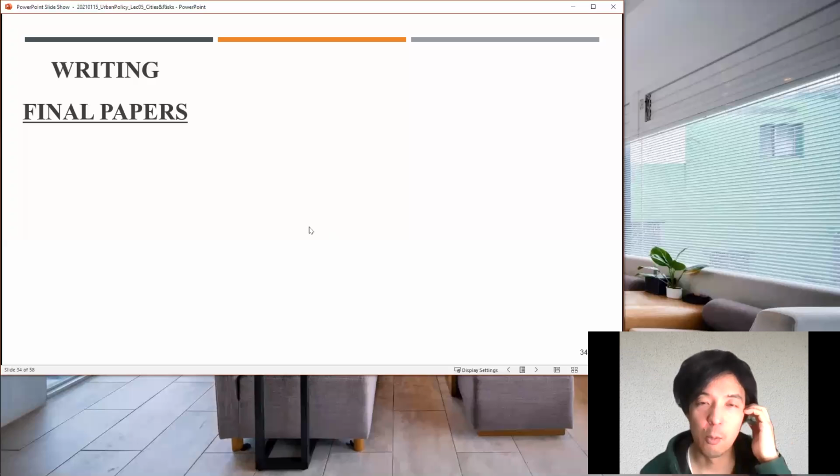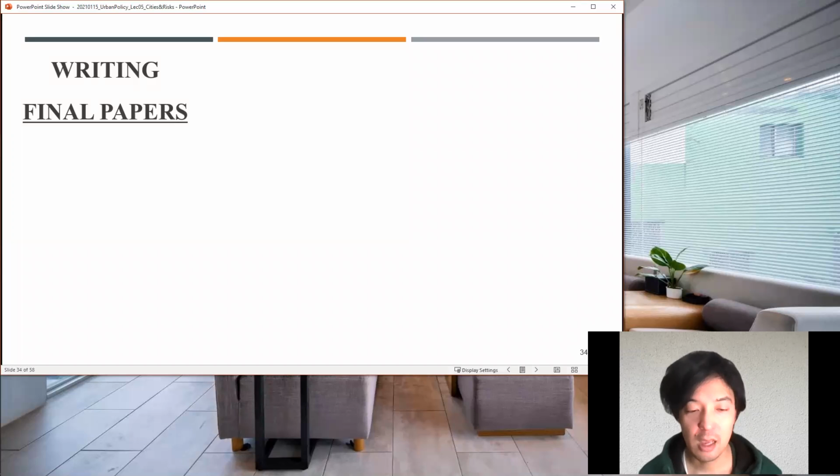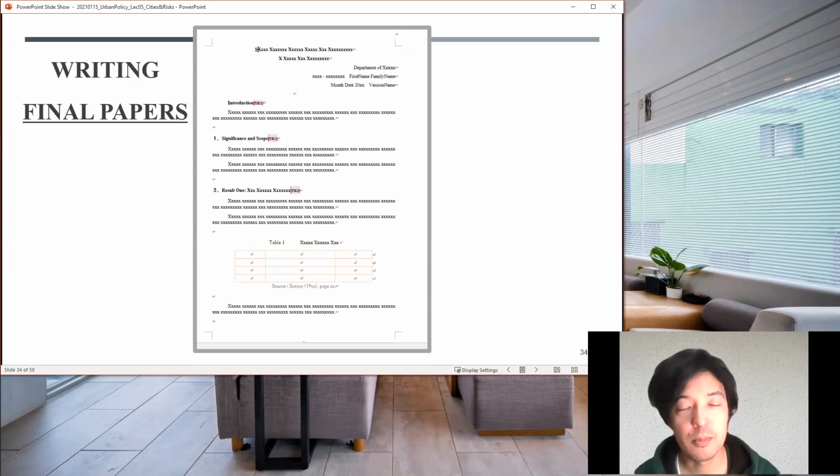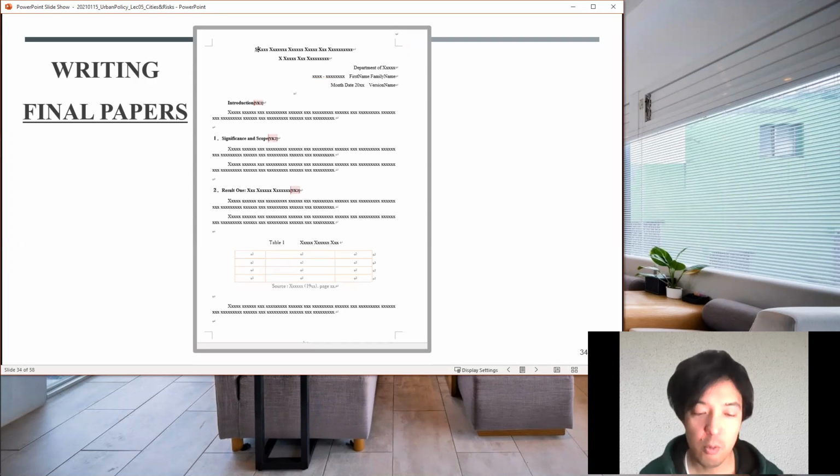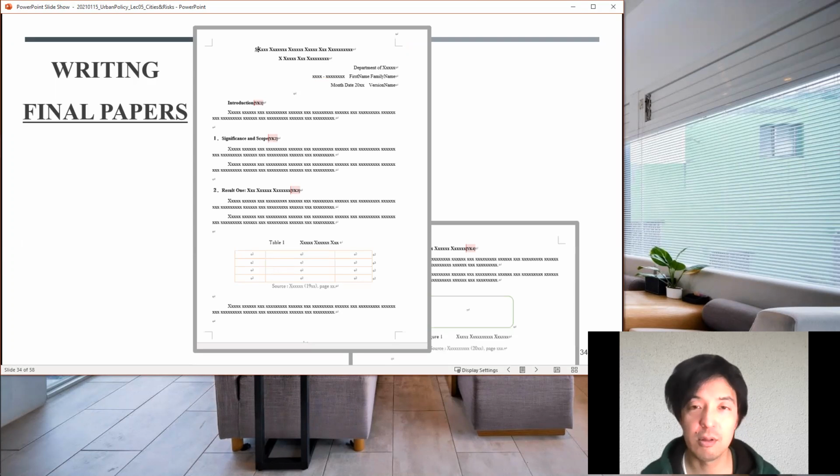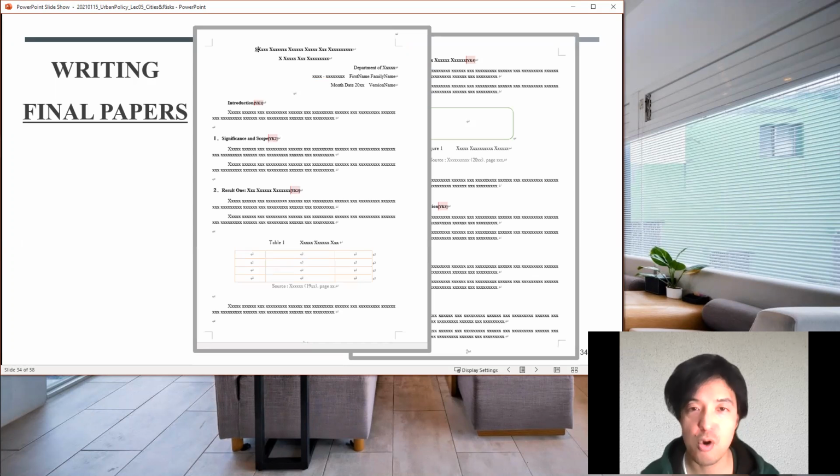Let's look at what we should do for these coming 2 weeks. You already finished your writing drafts, and these drafts were written in 2 pages, right? And I am now preparing the comments for everyone.